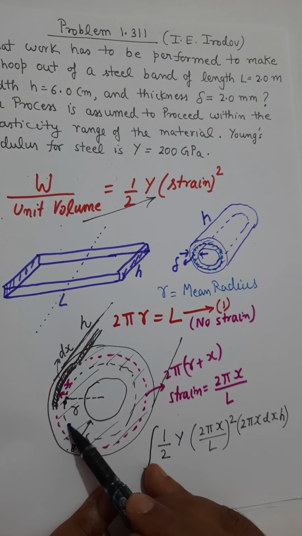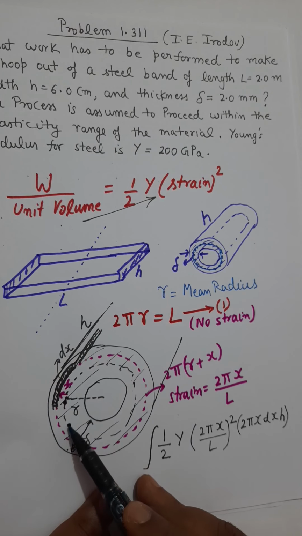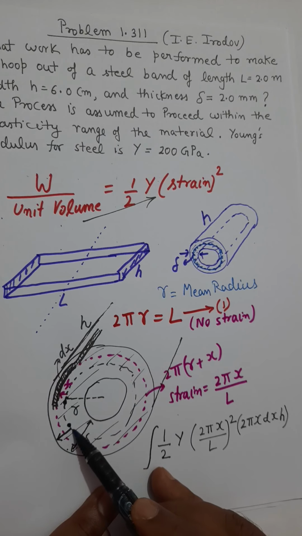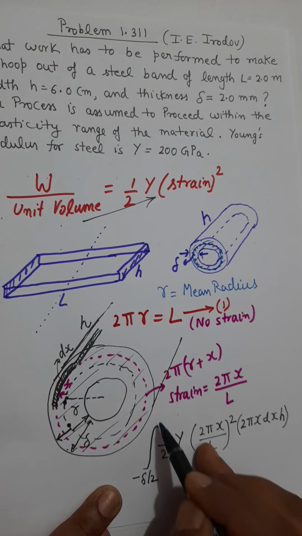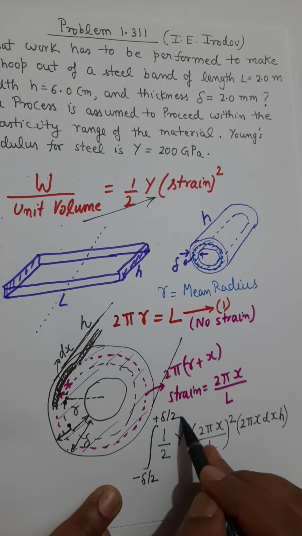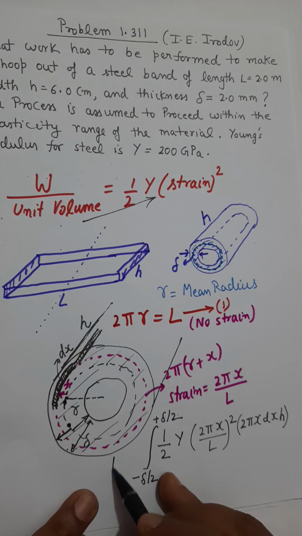So if the mean layer is our reference, then from this reference layer, delta by 2 will be on this side and minus delta by 2 on the other side. So your limit of integration is from minus delta by 2 to plus delta by 2. So this will be your total work done.